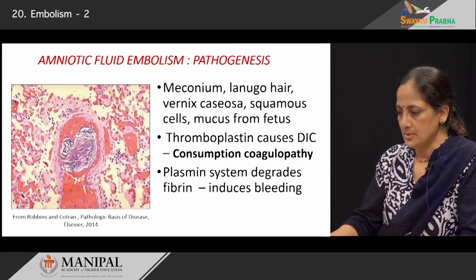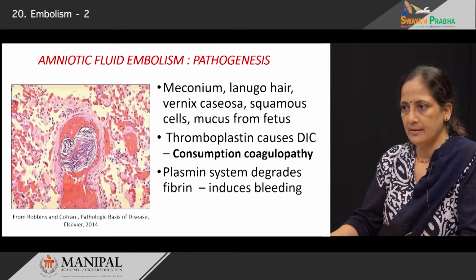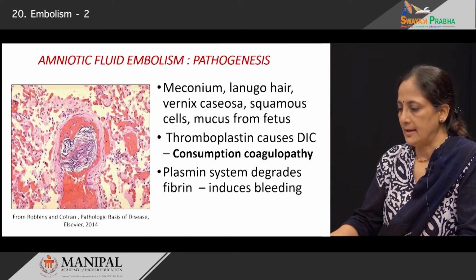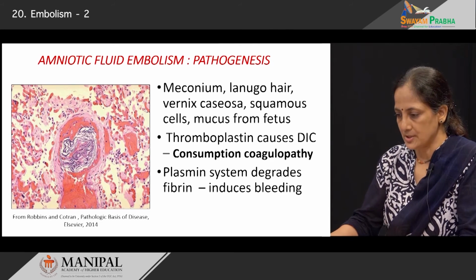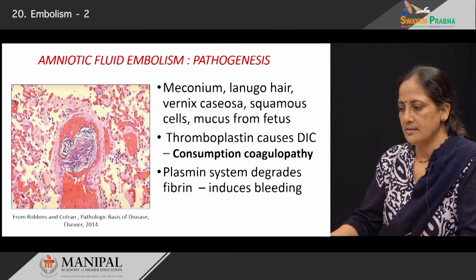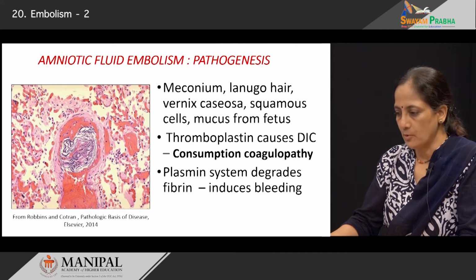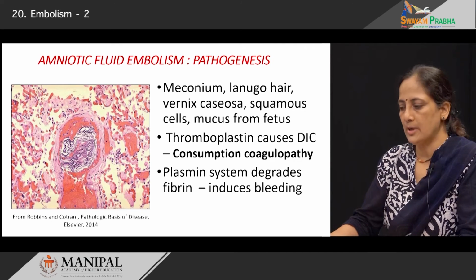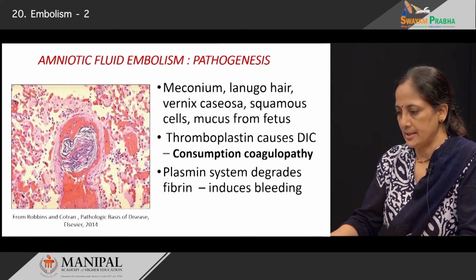Fetal tissues like lanugo hair, vernix caseosa, squamous cells, meconium and mucus enter the maternal vasculature and are carried to the maternal pulmonary circulation. This material is rich in thromboplastin, which promotes coagulation in the maternal vasculature, precipitating disseminated intravascular coagulation in all the microcirculation.